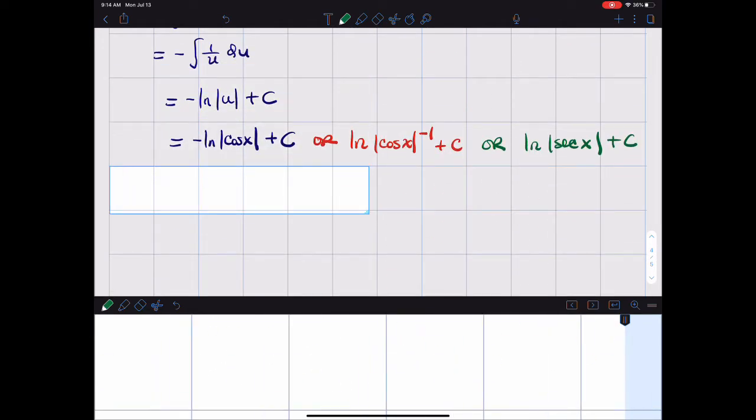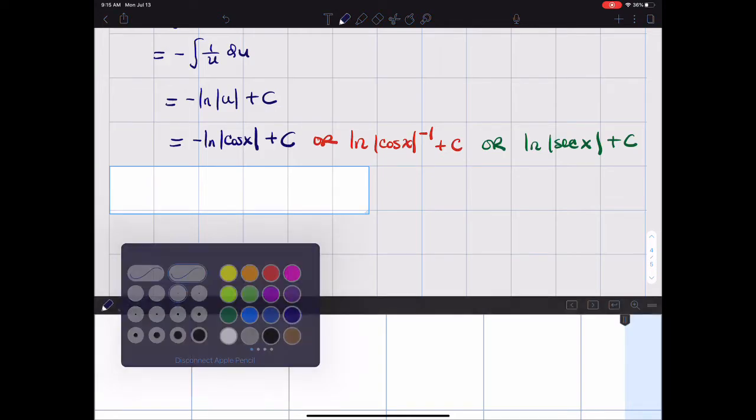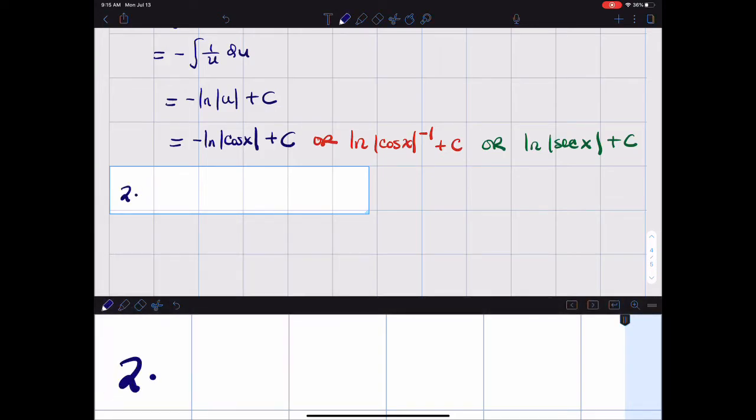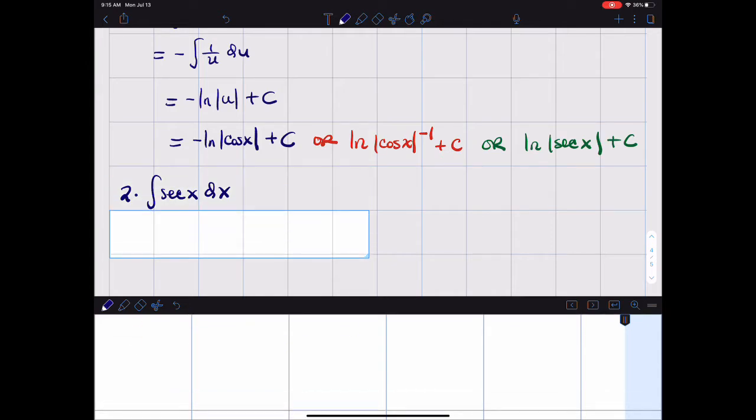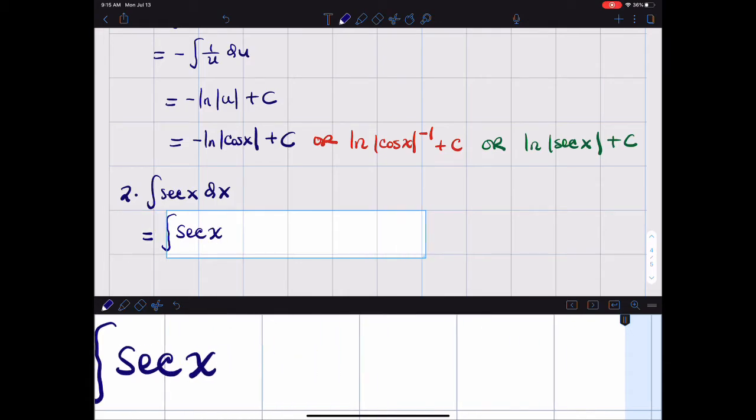Now, let's try another problem. Let's try the integral of secant of x dx. This is not quite easy to see, but I will show you the trick. Let's look at this as secant of x times a fraction.